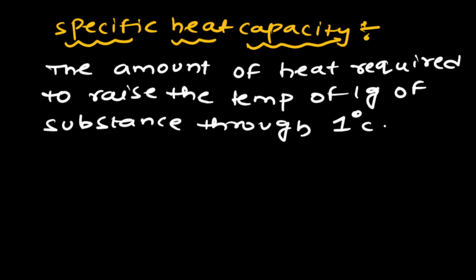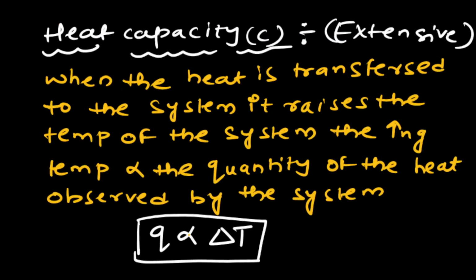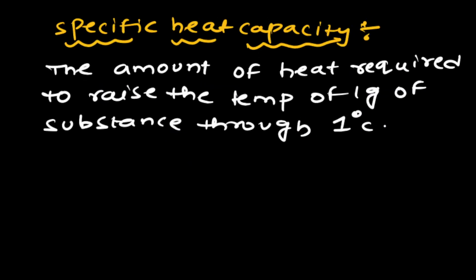Now listen. Heat capacity depends upon the mass, but specific heat is fixed for 1 gram. What is the difference between the specific heat capacity and heat capacity?